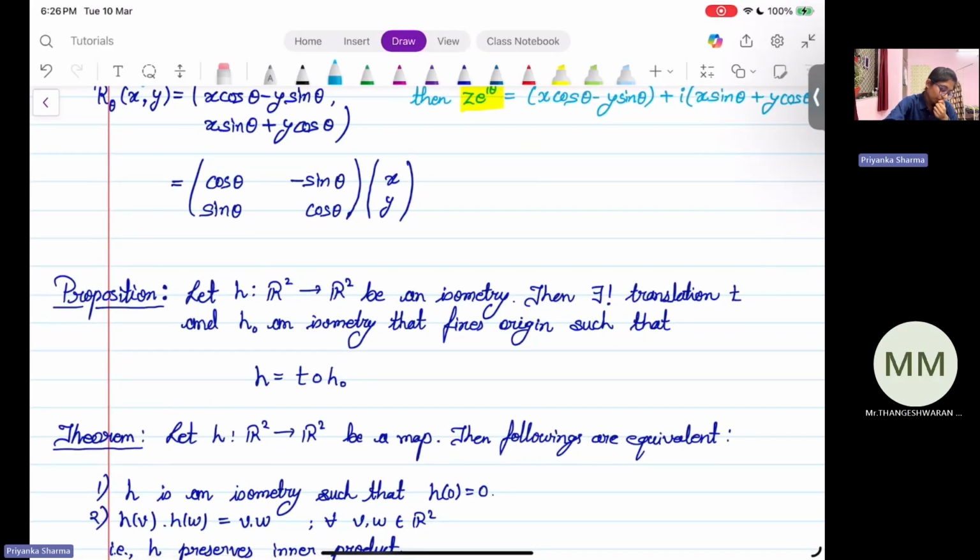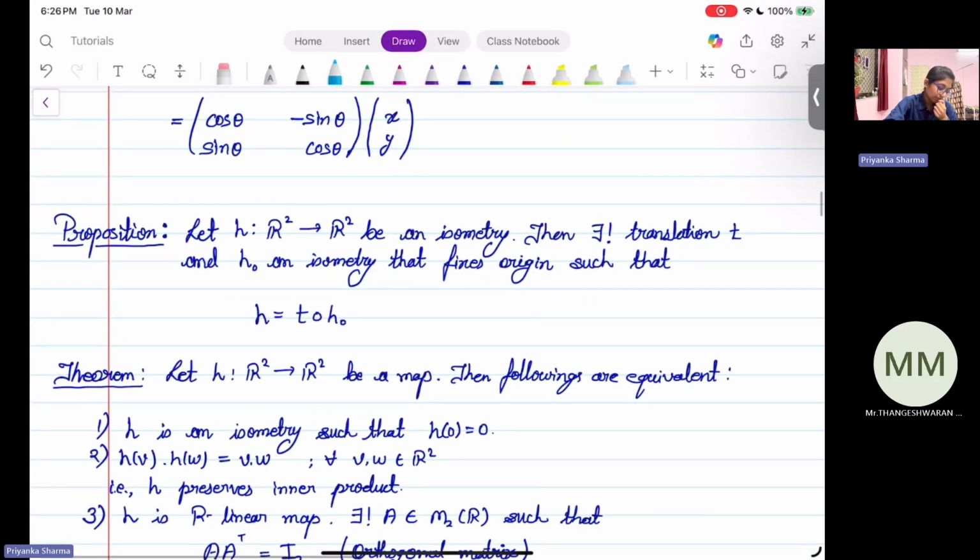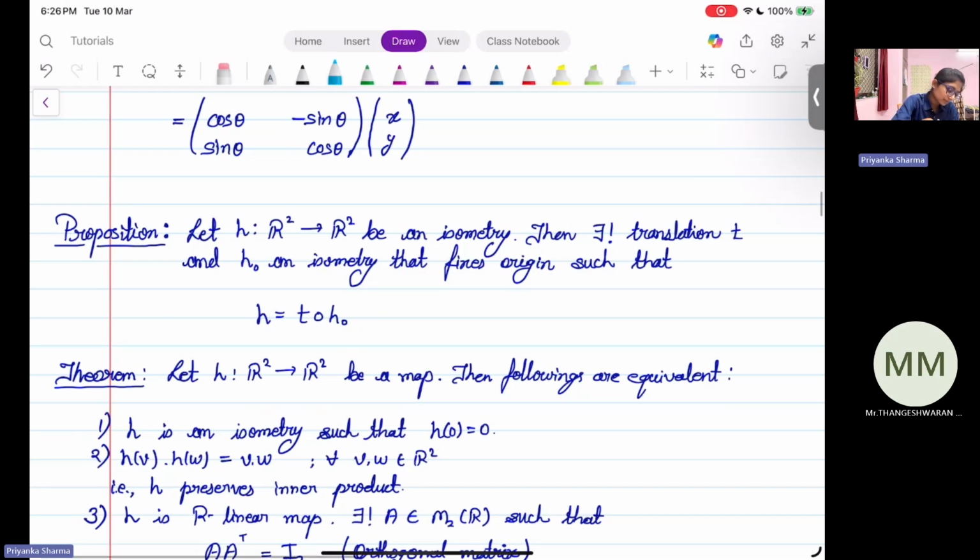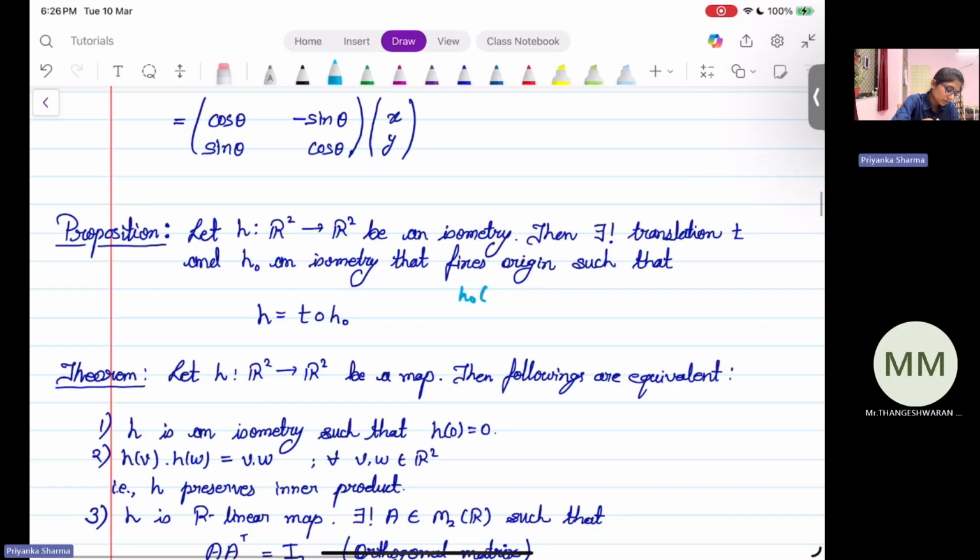This is an important property in isometry of the plane. Suppose we have an isometry on R² denoted by H, then there uniquely exist a translation T and H₀, which is an isometry that fixes the origin, that is H₀(0) is 0, such that the given isometry H can be written as the composition of the translation and the isometry that fixes the origin.